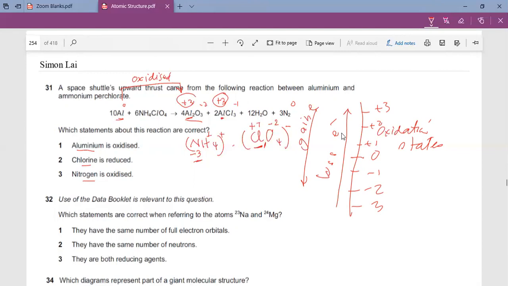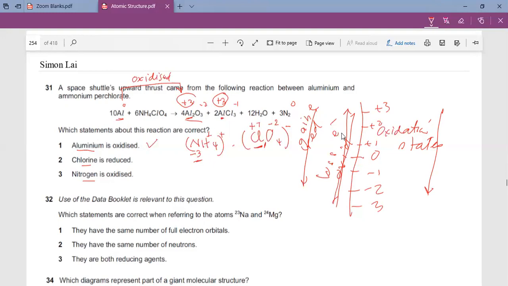Going up is loss of electrons, which is oxidation. Going down is gain, which is reduction. If it becomes less positive or more negative, that means reduction. If it becomes more positive, that is oxidation. So it's correct.